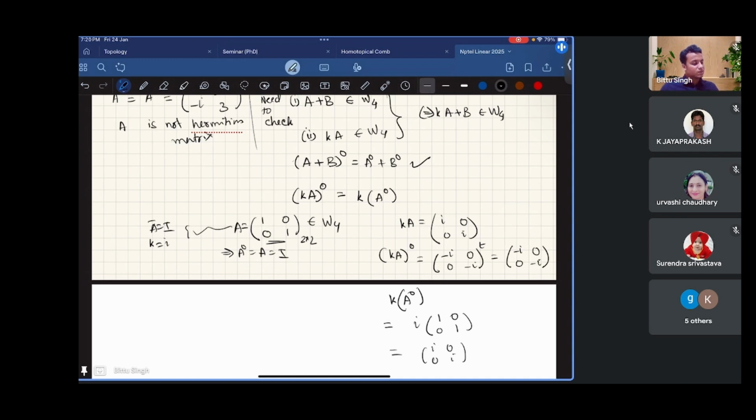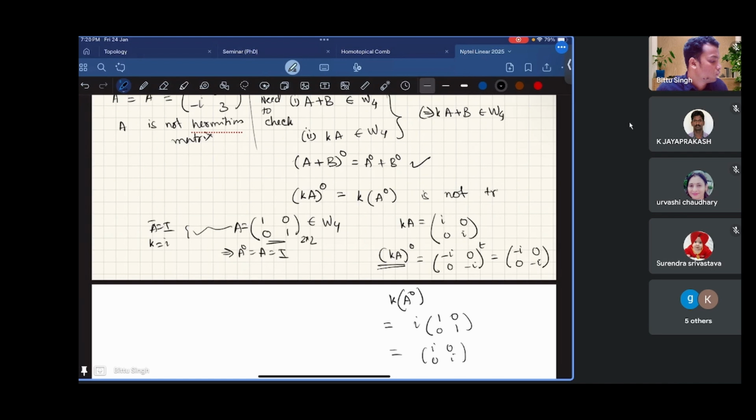So from here you can see that (K A) naught is not same as K times A naught. So the last condition is violating, right? Is it clear? So this equality is not always true.